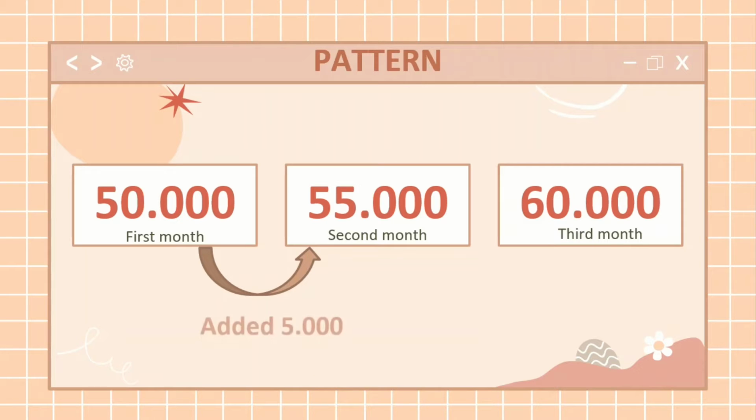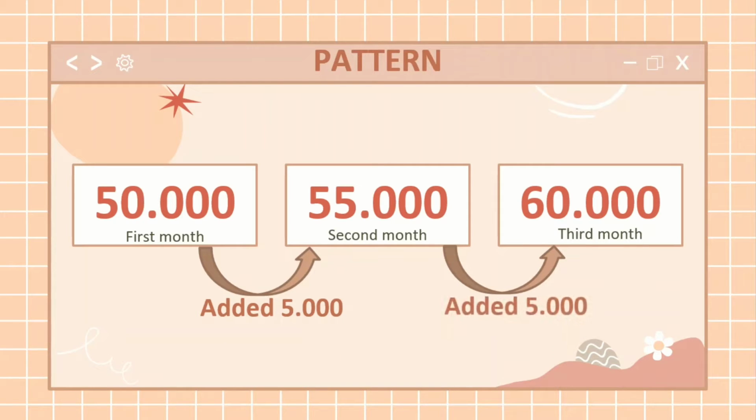Yes, 5,000. From the second month to the third month is also added by 5,000. So, we can predict the next month after 60,000 is? Yes, 65,000. This case is called sequence.